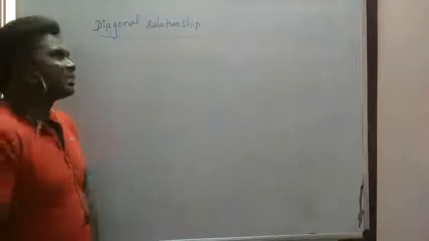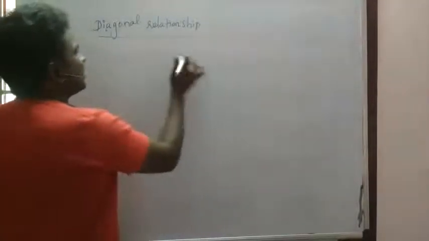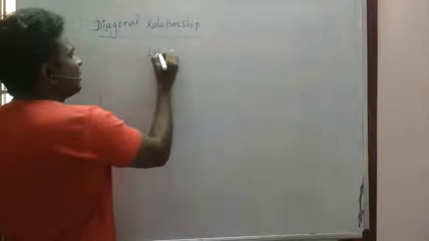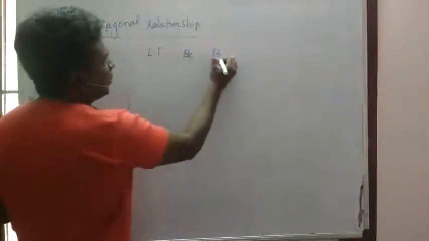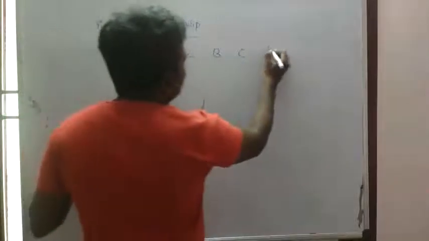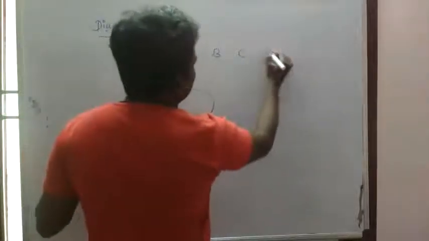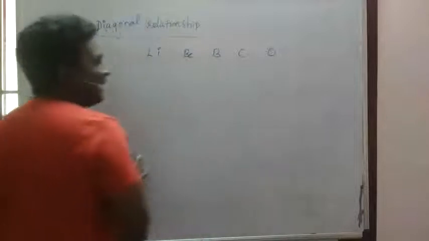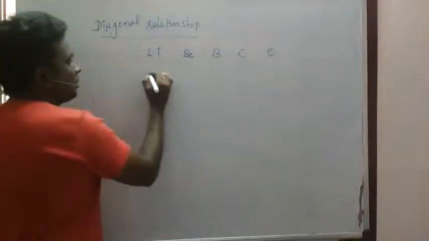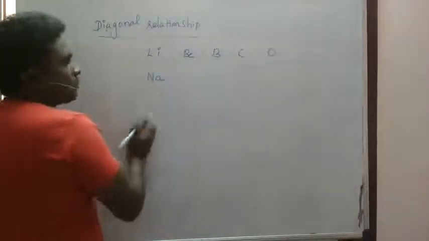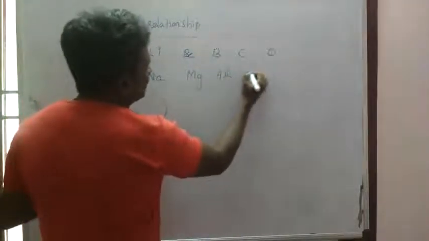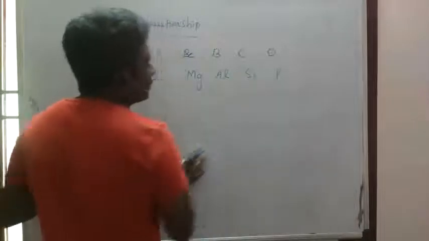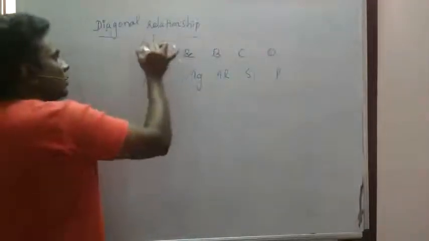For example, the second and third periods. Second period: lithium, beryllium, boron, carbon, oxygen. Third period: sodium, magnesium, aluminium, silicon, phosphorus. Listen well.